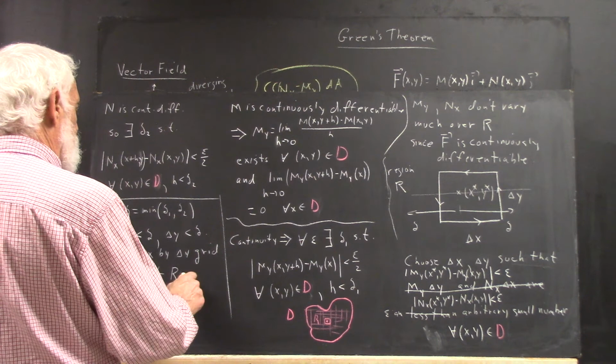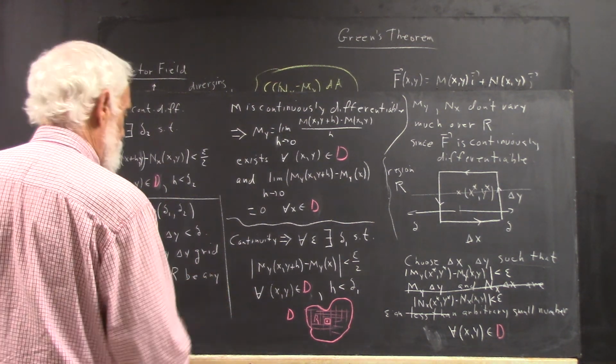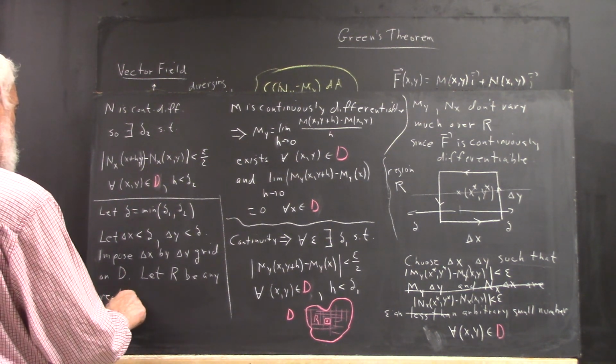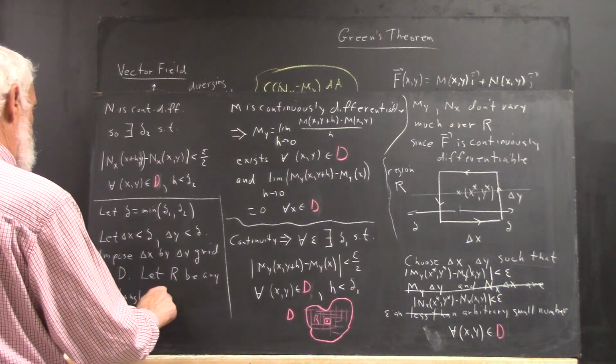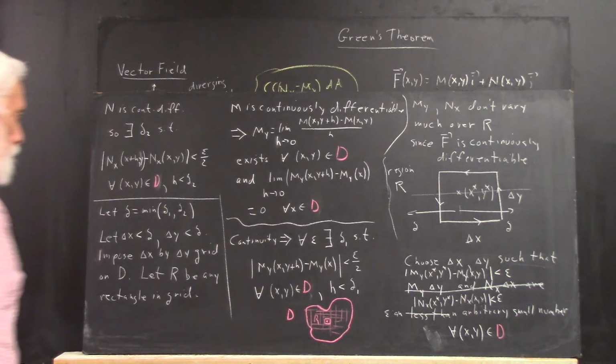And now let R be any rectangle in the grid.